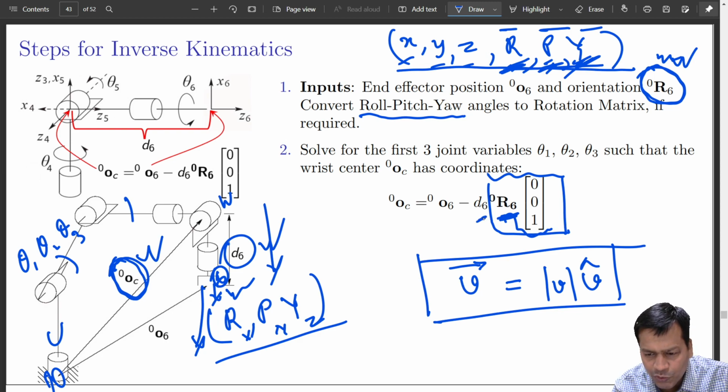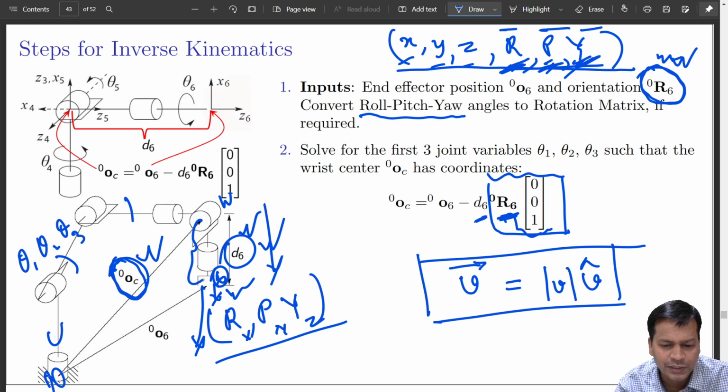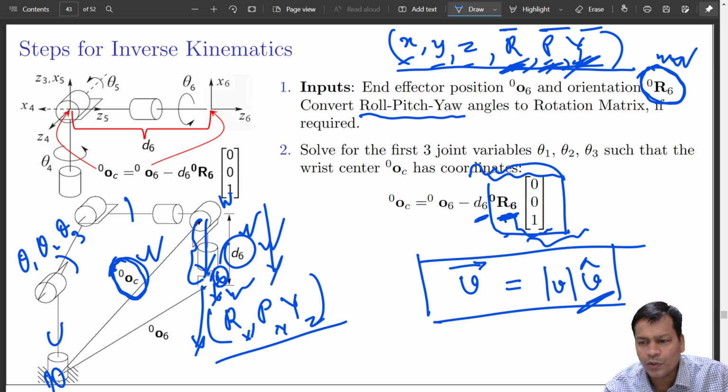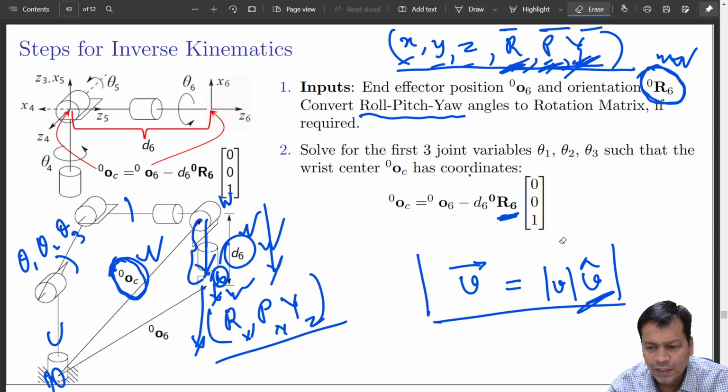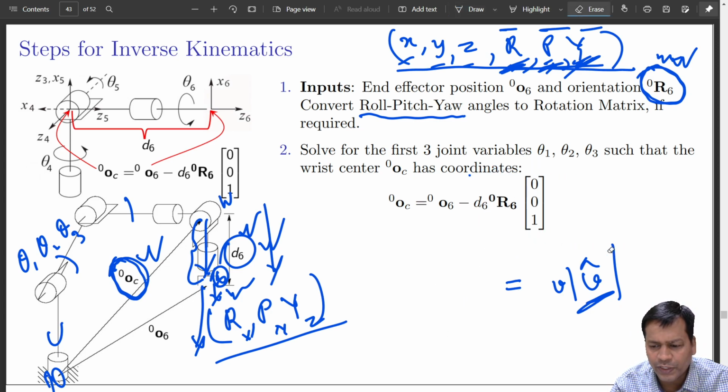This is the magnitude of that vector, d6, the distance that we know. And this is now the unit vector along that direction. So that completely gives me this vector. This is a small thing, it is not that difficult.